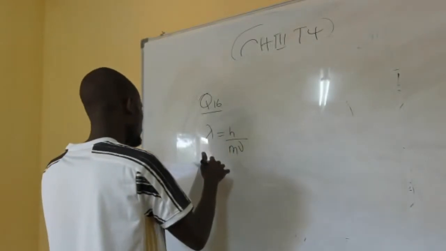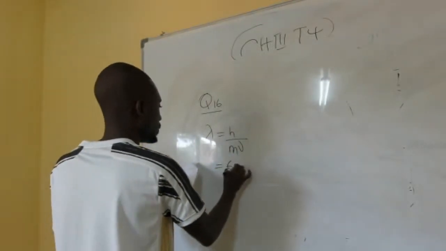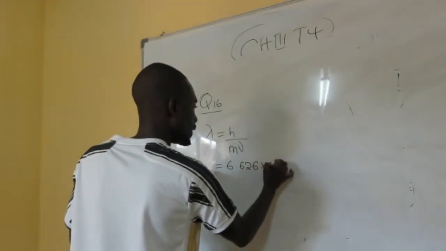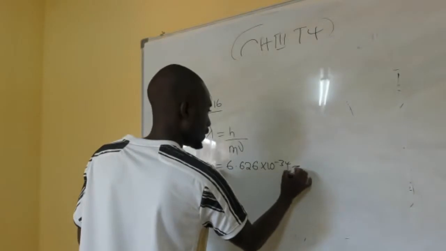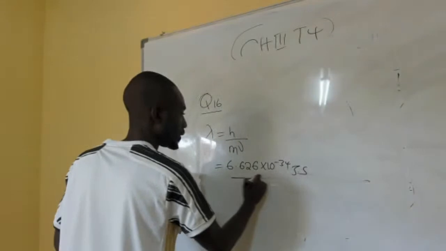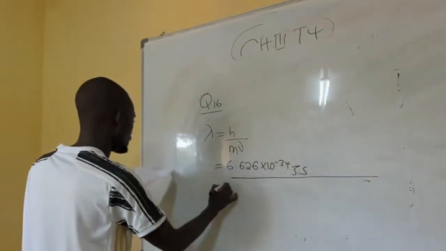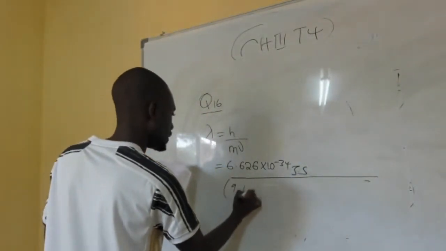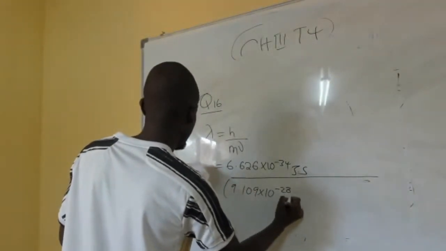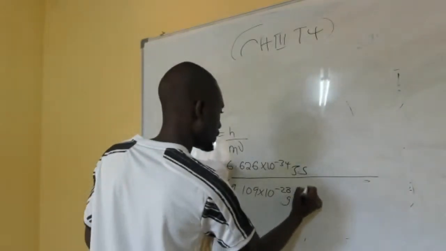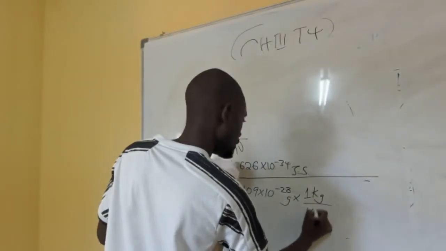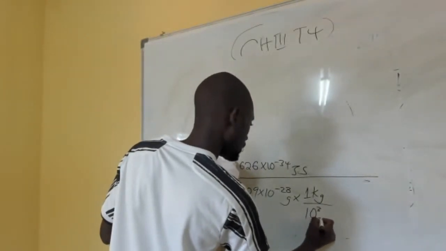You know Planck's constant, which is 6.626 times 10 to the power negative 34 J·s, over 9.109 times 10 to the power negative 28 grams times 1 kg over 10 to the 3 grams.